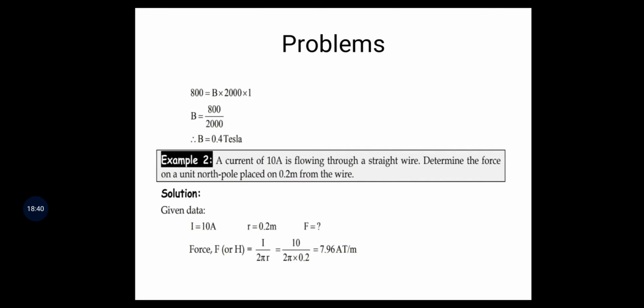So B is equal to 800 by 2000, which is 0.4 Tesla. The unit of flux density is Weber per meter square or Tesla.